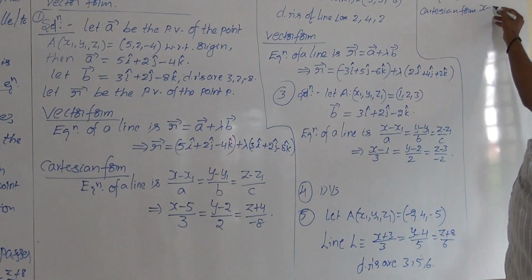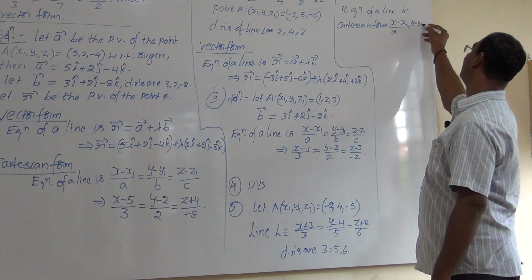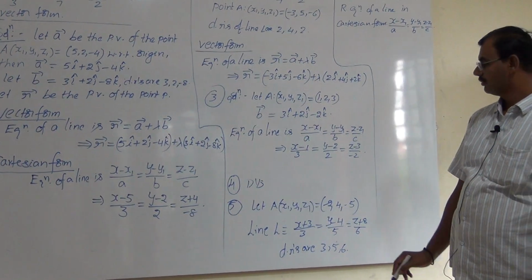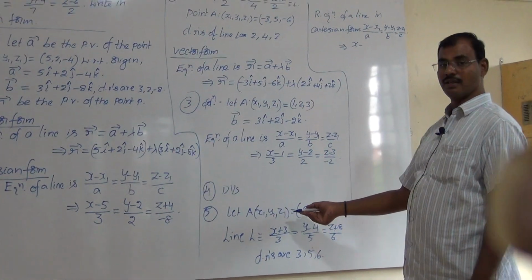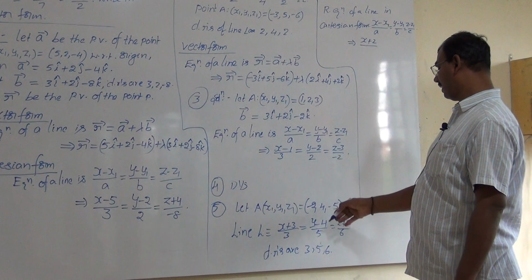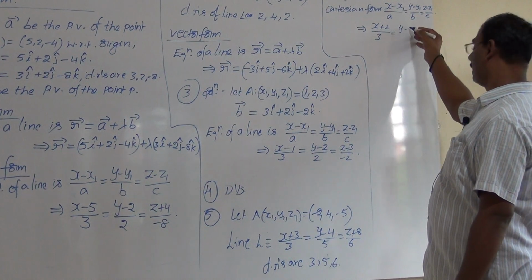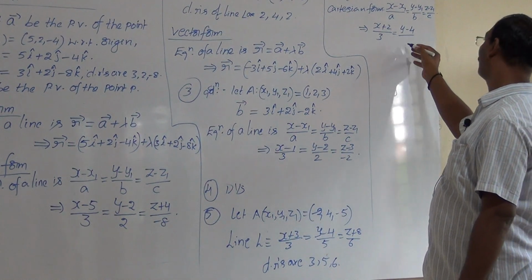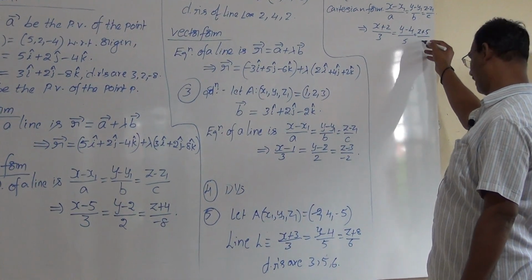So we know the answer: x minus x1 divided by A is equal to y minus y1 divided by B is equal to z minus z1 divided by C. Substitute the points. x minus x1, where x1 is minus 2, becomes plus 2, divided by A, 3, equals y minus y1, where y1 is 4, divided by B, 5, is equal to z minus z1, where z1 is minus 5, becomes plus 5, divided by 6.